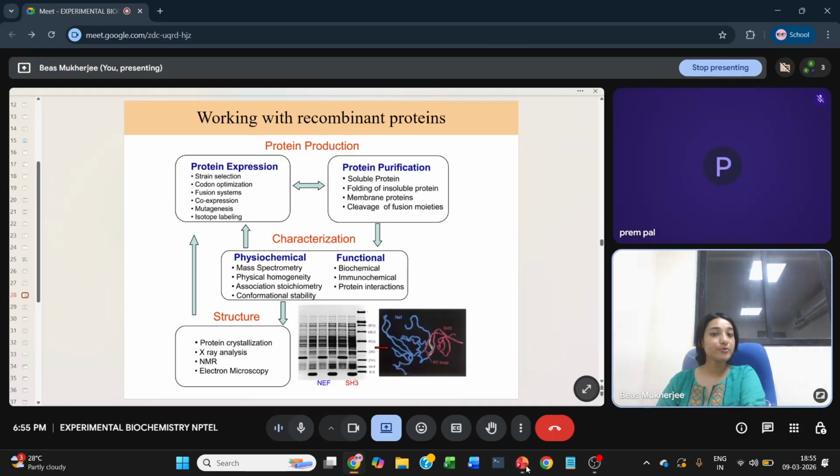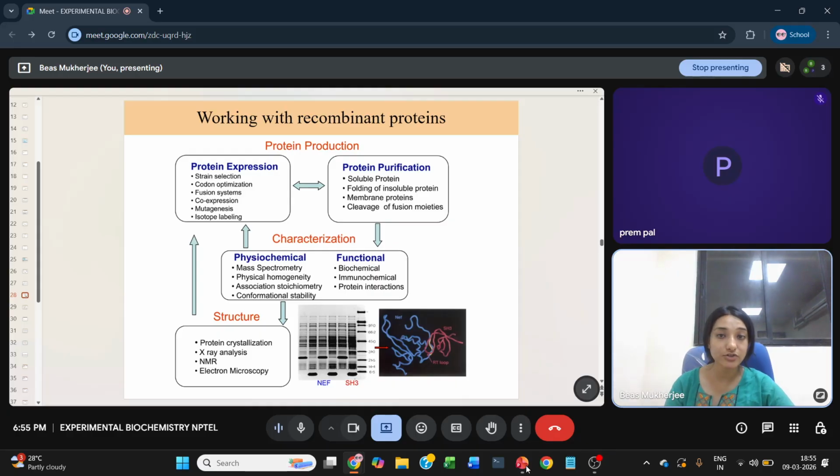Right? So after purification of the protein, you can go for all of these different strategies. You can characterize the protein using mass spectrometry, which is needed to know the identity of the protein, whether the protein that you want is the right protein or not. Then you may want to know conformational stability, and functions of the protein, for example biochemical, immunochemical, protein-protein interactions, protein-DNA interactions, protein-RNA interactions, protein-small molecule interactions.